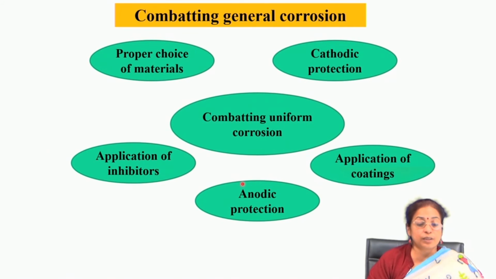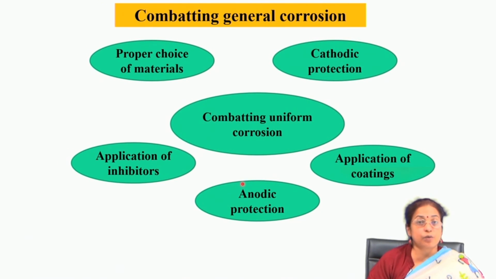And once you know the kinetics of the corrosion, naturally you can take care of that corrosion by any of the protective measures I discussed, particularly surface engineering in combating corrosion, which is very easy.